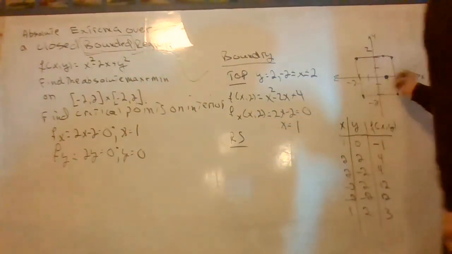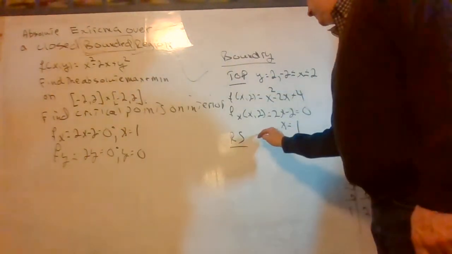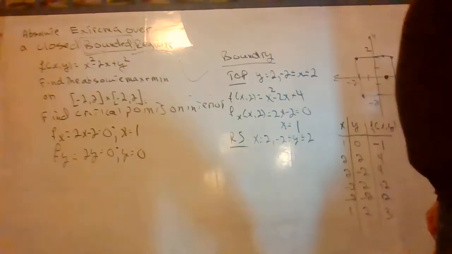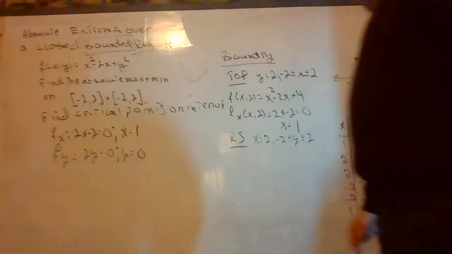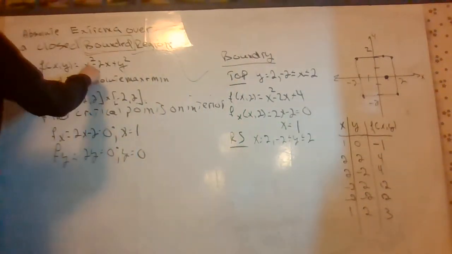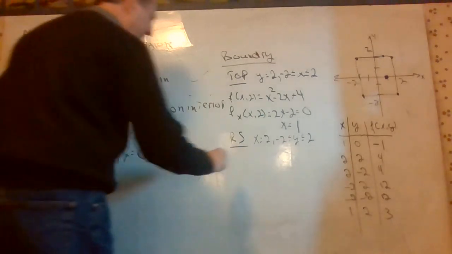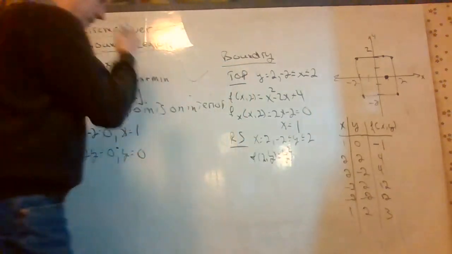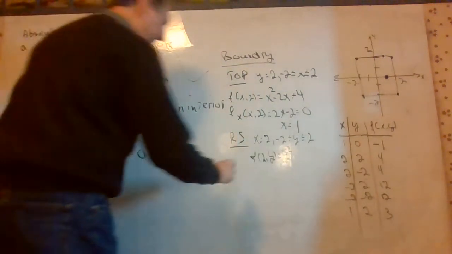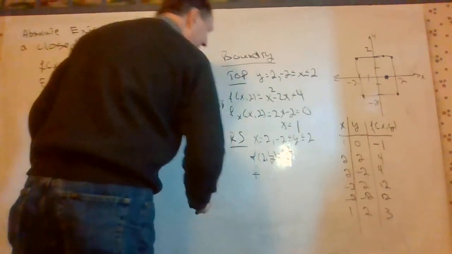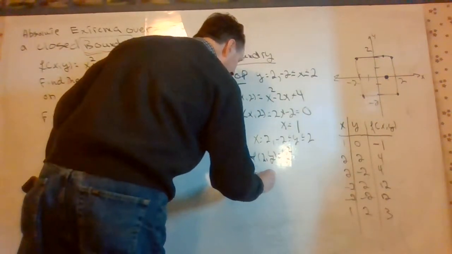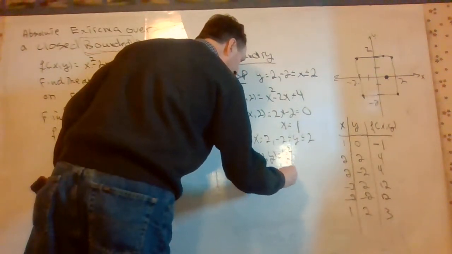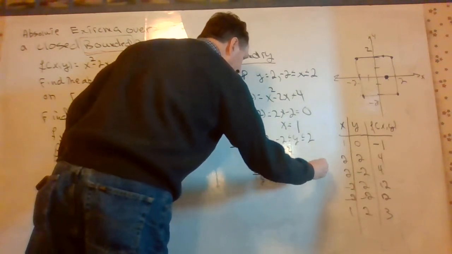It doesn't matter what order you do this in. On the right side, x equals 2. You can plug in 2 here, 4 minus 4 is 0, and plus y squared. So you get f(2, y) is y squared. 4 minus 4 disappears. f sub y is equal to 2y, set it equal to 0. y equals 0.